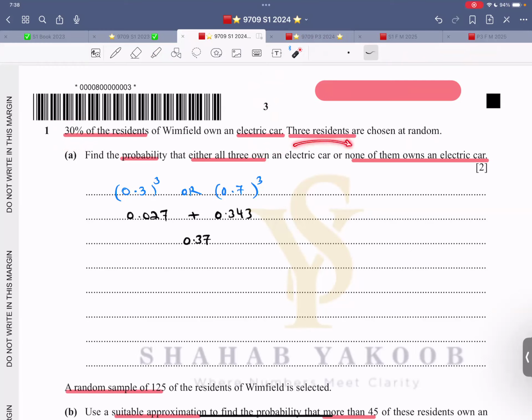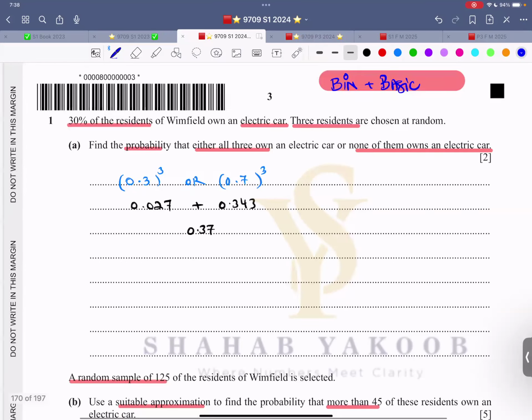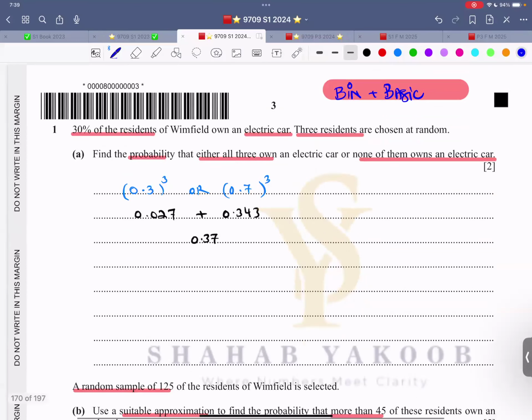As soon as you read that there is a number of trials, this part is binomial or maybe basic probability. Now it says find the probability either all 3 own an electric car or none of them owns an electric car. So over here, probability of success is 0.3.